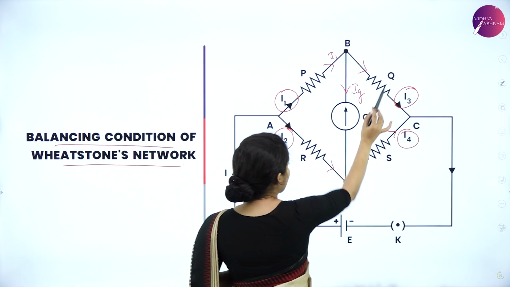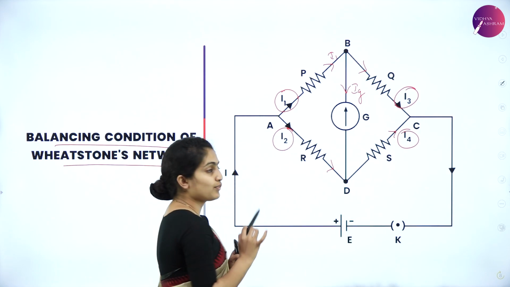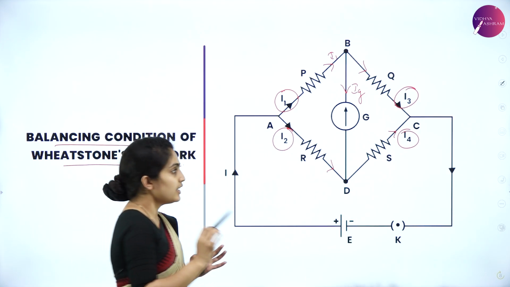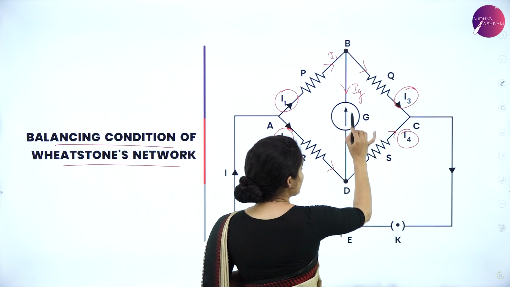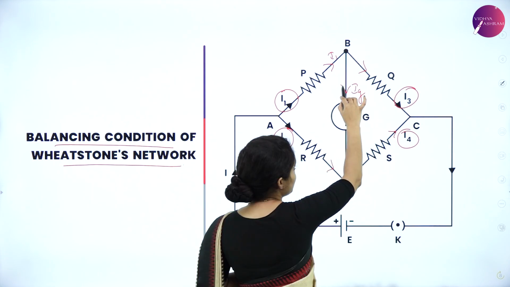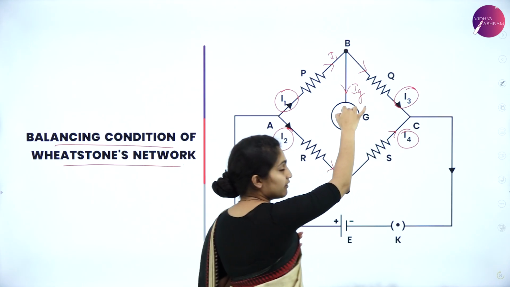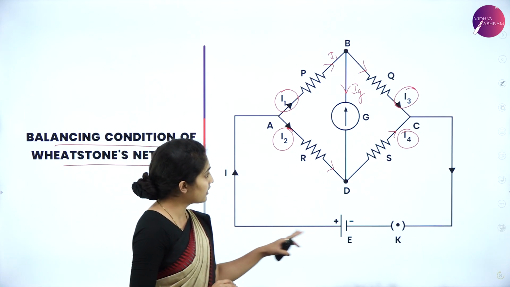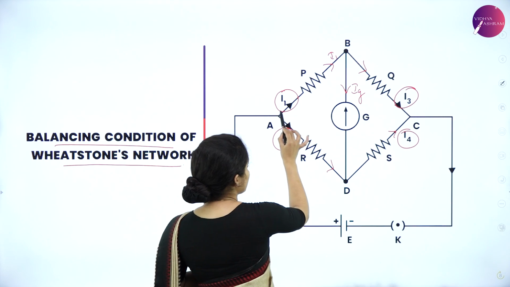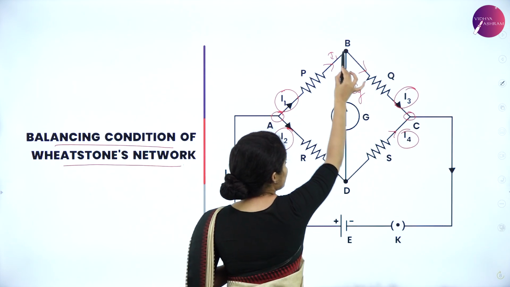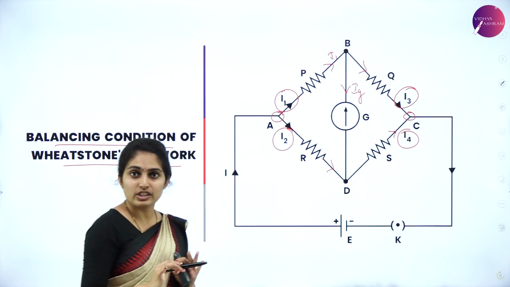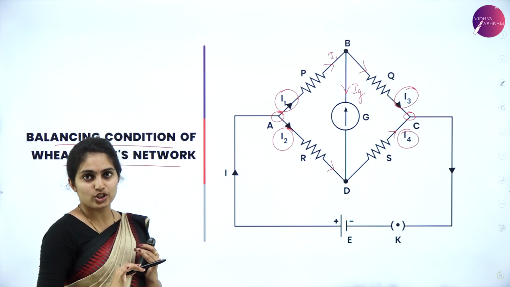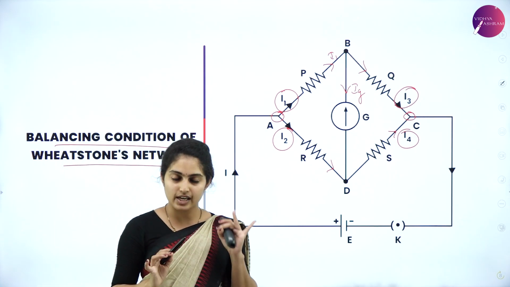We have P, Q, R and S, these four resistances, and a galvanometer carrying IG, with the current through the galvanometer shown by arrow marks. These are the junctions: A, B, C and D. For this we have to use Kirchhoff's voltage rule as well as Kirchhoff's current law.